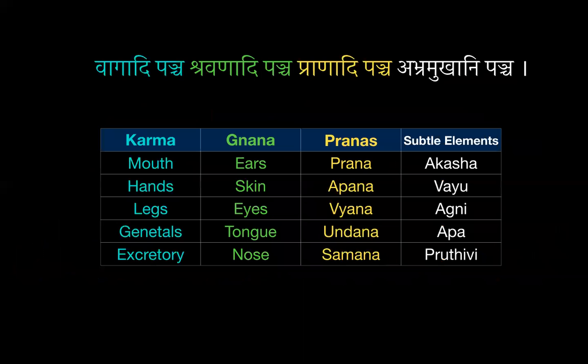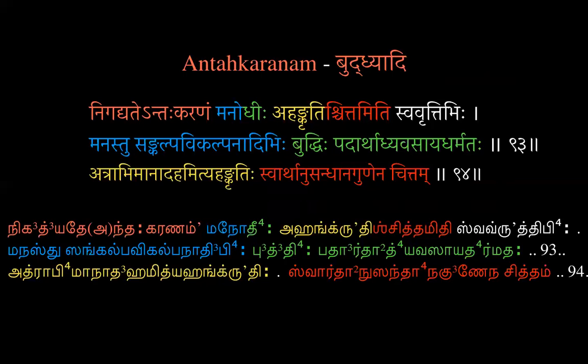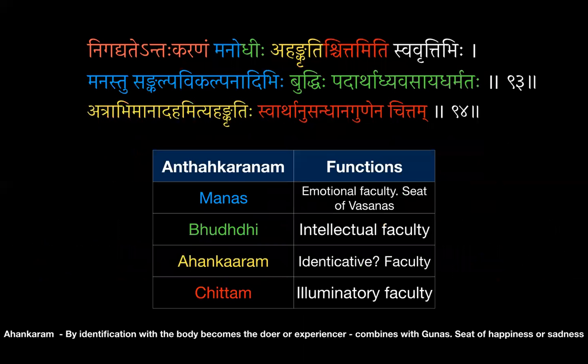So all the puris that we have seen previously have got five components each, but Antakaranam or Buddhyadi, it only has got four components. Then what are the components? There are Manas, Buddhi, Ahankaram, and Chittam.